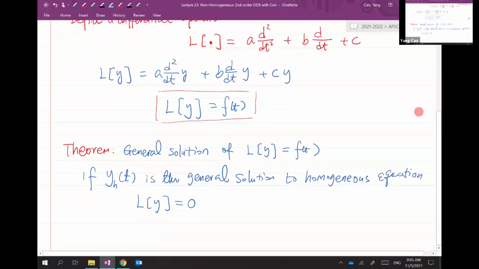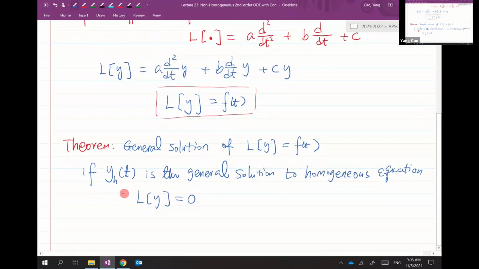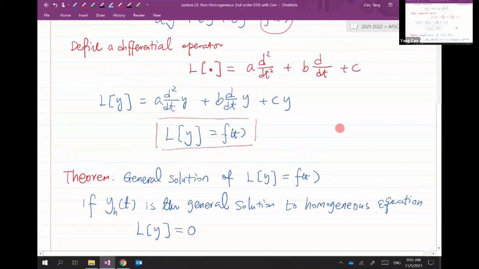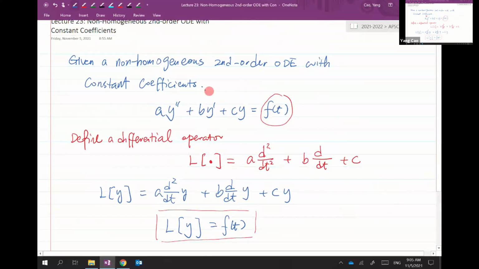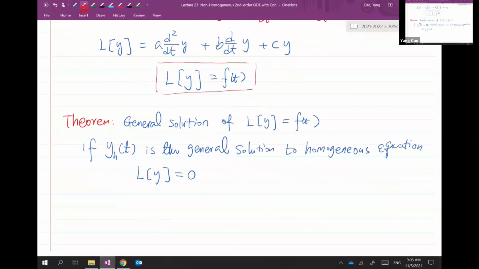That's the first part of the sentence. yh is the general solution. L of y equal to 0 basically means this term equal to 0, and that gives us back the homogeneous equation. We have done it before: we have approaches for 3 different cases to get a general solution for the homogeneous one. So remember this yh is now defined as the general solution for the homogeneous ODE.